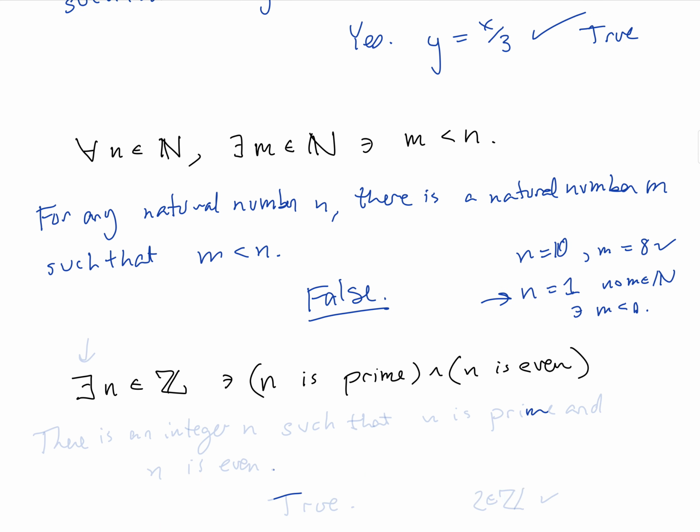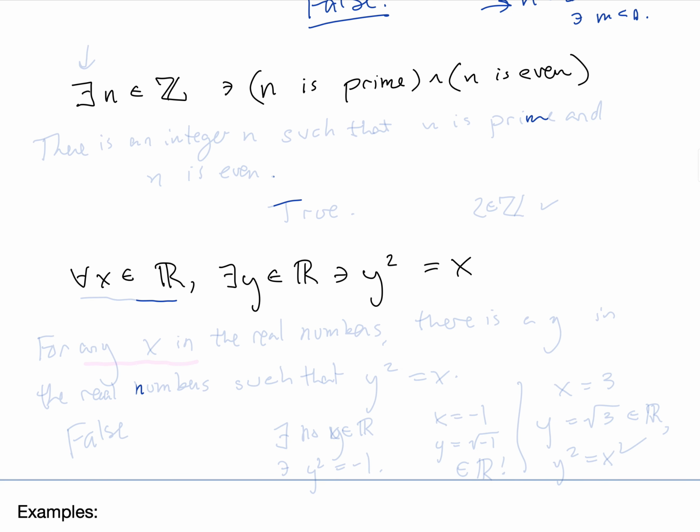All right, next, there is an n in the integers such that n is prime and n is even. So we could say there is an integer n such that n is prime and n is even. Now that is a true statement.